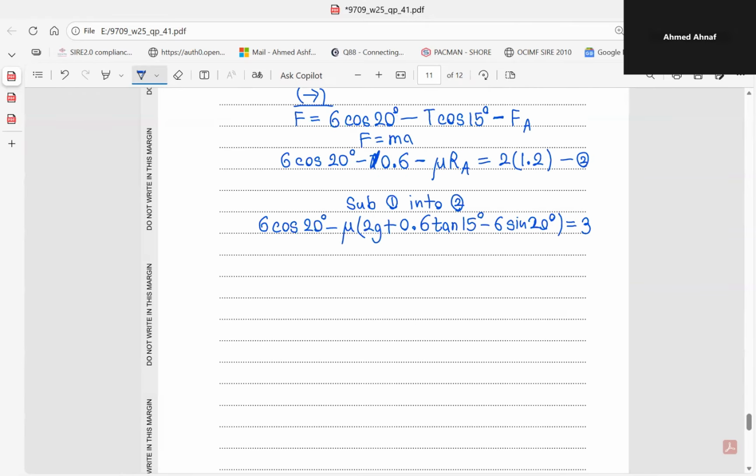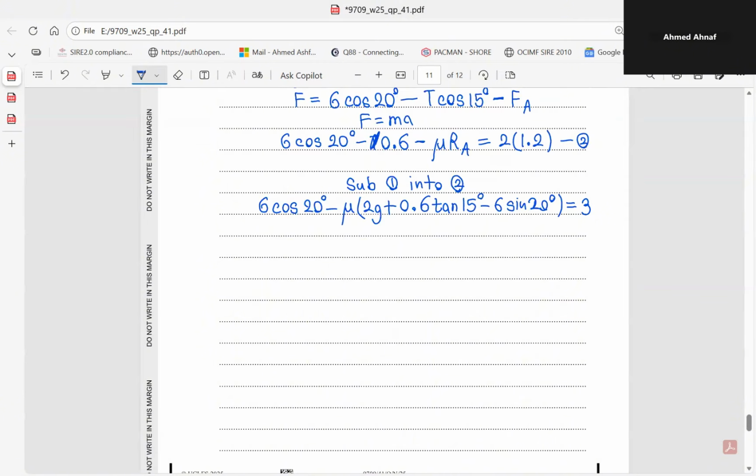Now we're going to make mu the subject, so we'll isolate the mu term. I'll keep everything exact, because that's the way I like to do it, so that we don't make any rounding errors.